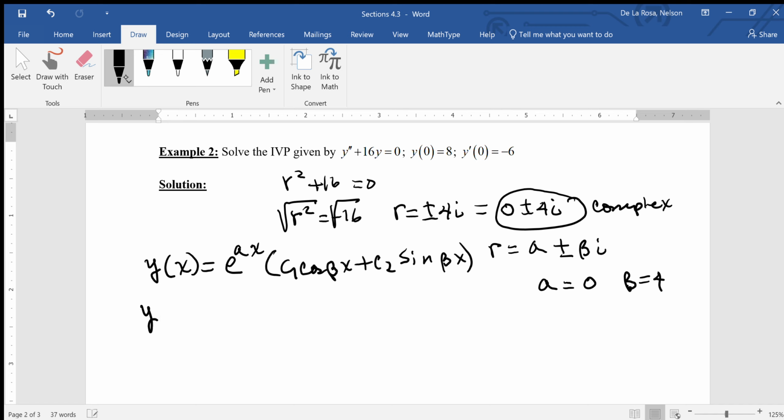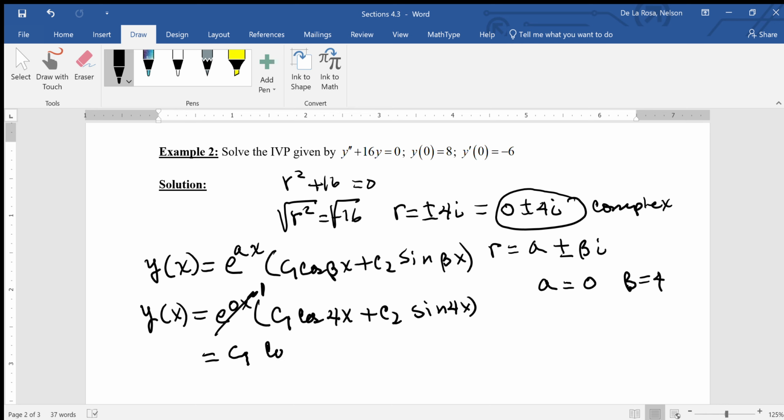So the solution of the second order ordinary differential equation is going to be e to the 0 times x, c1 cosine of 4x plus c2 sine of 4x. Remember, e to the 0 power is going to be 1. So we have just c1 cosine of 4x plus c2 sine of 4x.